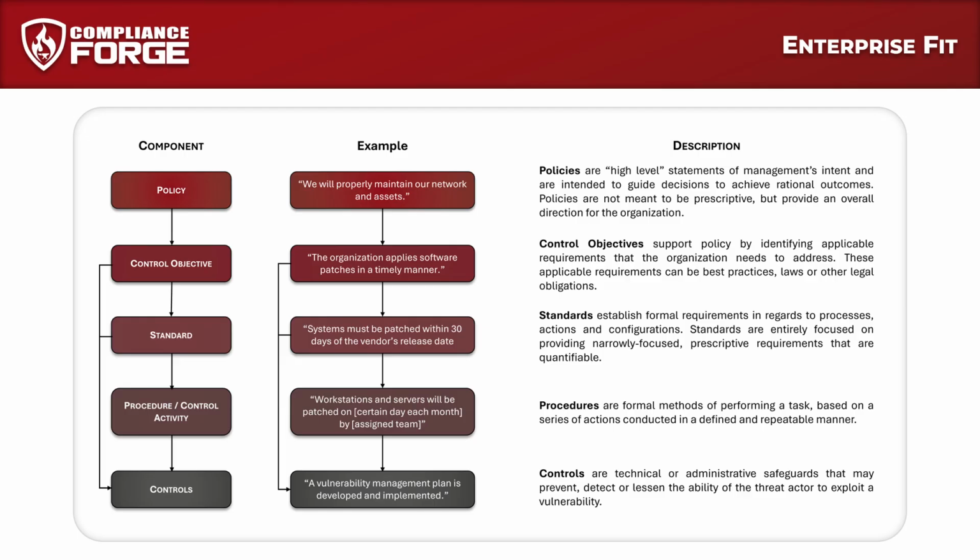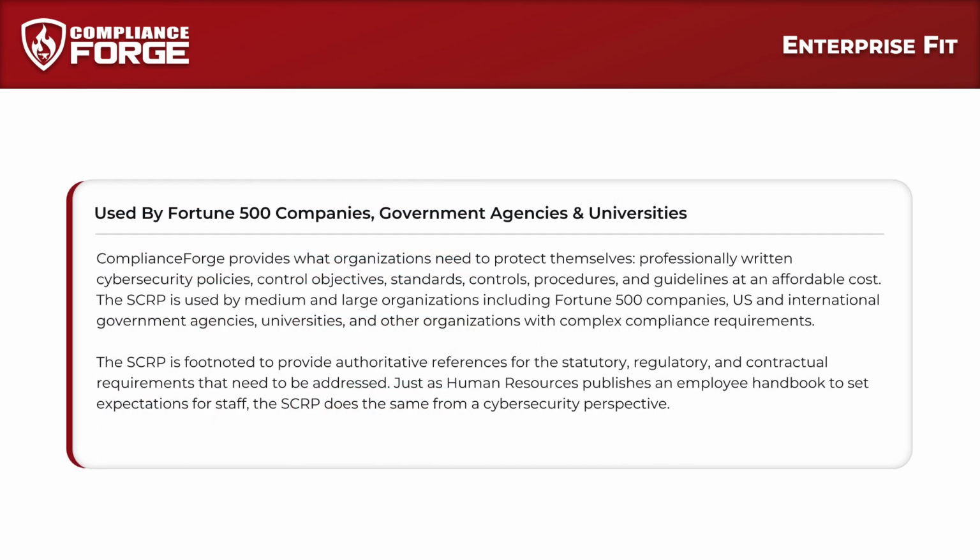Enterprise fit. The SCRP delivers hierarchical and scalable policies, standards, controls, and metrics for the modern company. The SCRP is used by medium and large organizations, including Fortune 500 companies, U.S. and international government agencies, universities, and other organizations with complex compliance requirements that need an efficient, scalable solution for their GRC needs.